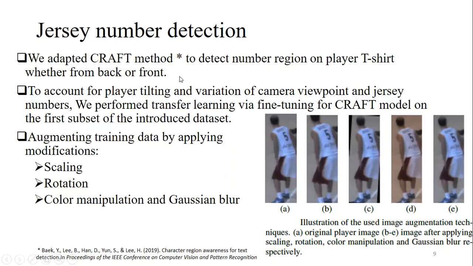To account for jersey number challenges, such as variations of player pose, variations of camera viewpoints, and jersey number fonts, we fine-tuned a CRAFT model on the first subset of the sports jersey number dataset. Also, the image augmentation techniques used are scaling, rotations, color manipulations, and Gaussian blur, as illustrated in the figure on the right.